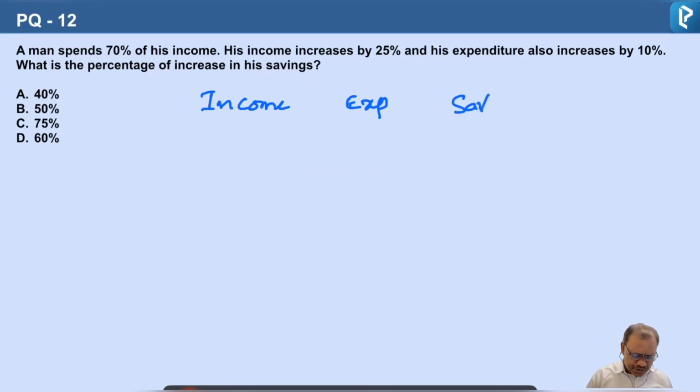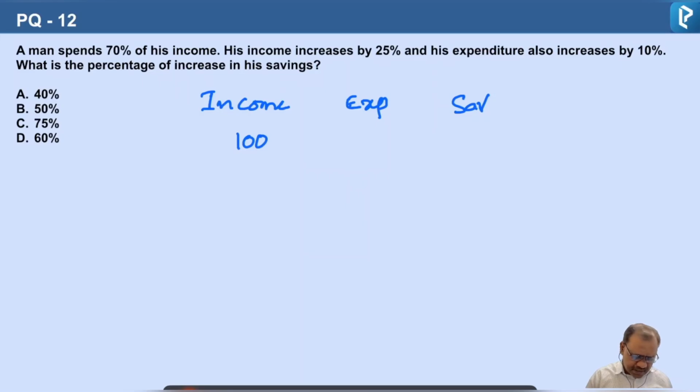Let us assume the income as 100. He is spending 70%.